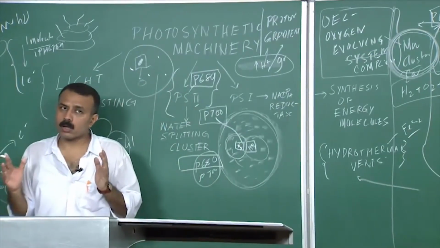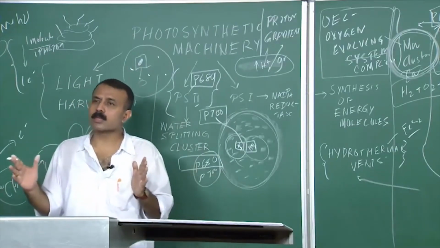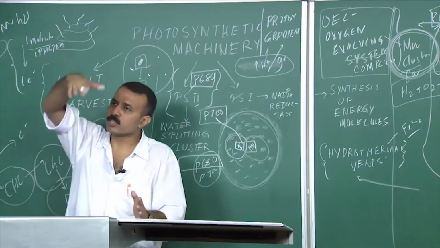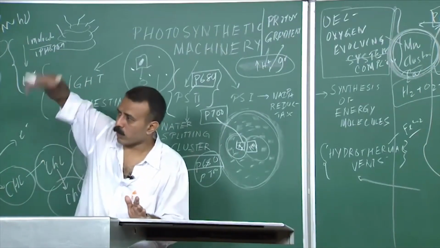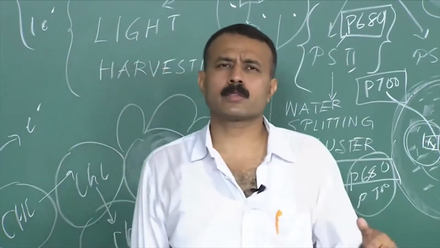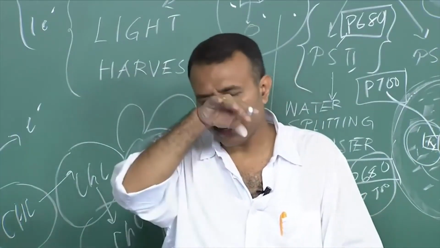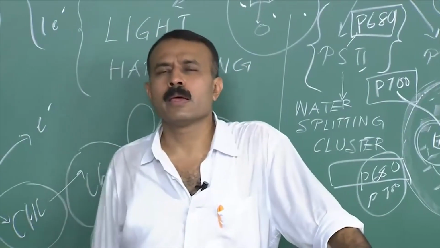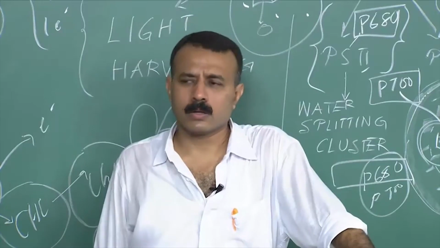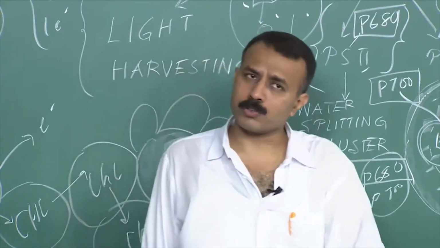So, they are purposefully increasing the time of doing this reaction with a slight delay, and changing the redox potential up and down likewise. Possibly, again, I won't claim this is the most correct explanation, but this is something which comes to my mind, that nature has done something like this in order to minimize the damage, or for the whole machinery to function in a much better way, but at the cost of efficiency.